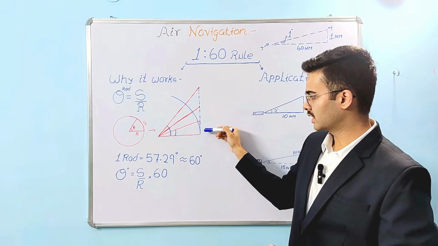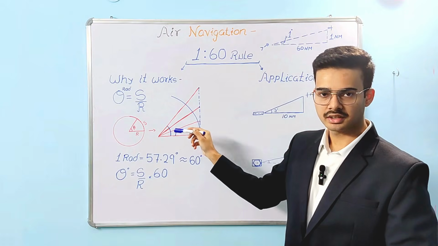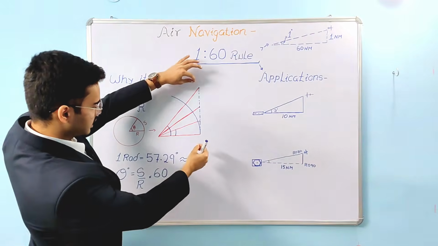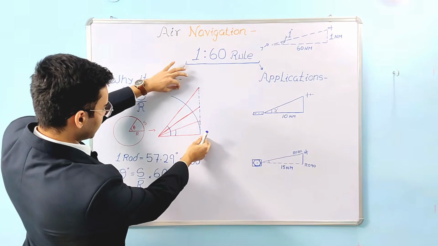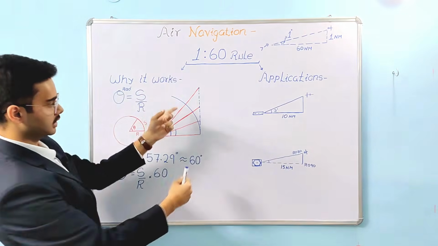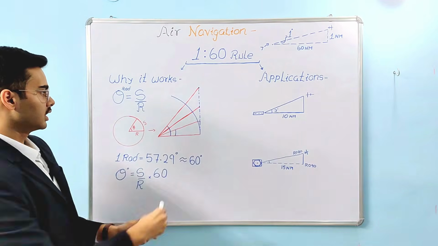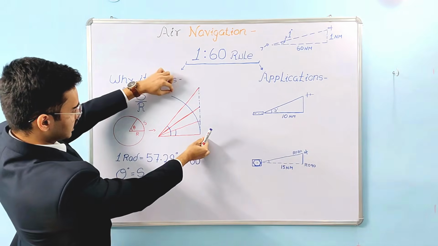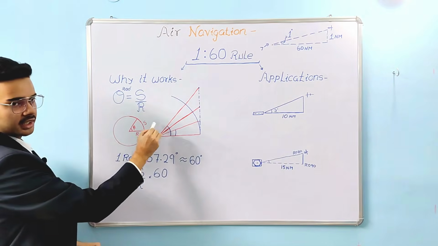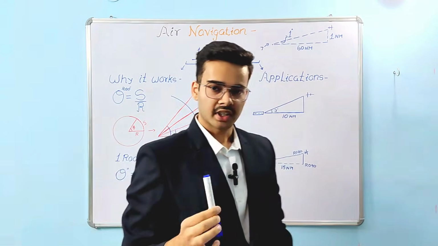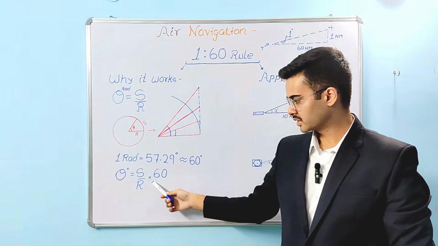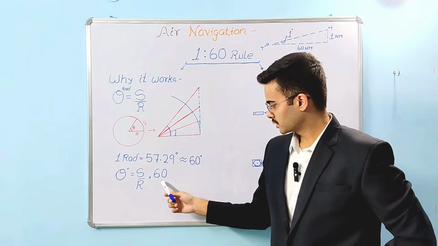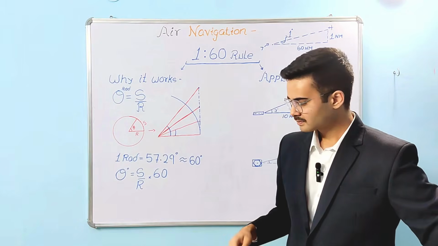But with larger lengths, the angle that's subtended will not remain equal. Let's take this part and pull it like this into the curved path. That is the path of the arc of the circle. This is the angle made by the line, and if we pull it like this in a circle, a higher angle will be made. So the error will also cause this formula to malfunction. That is why we can only use this formula up to 20 degrees.